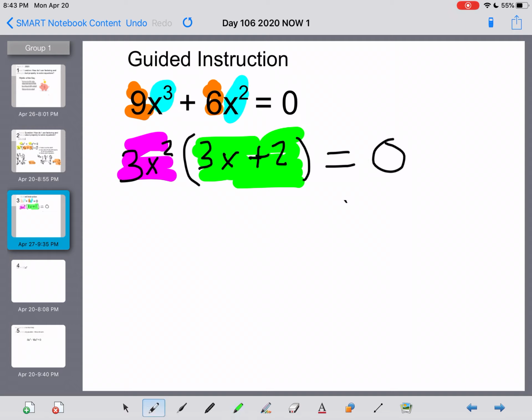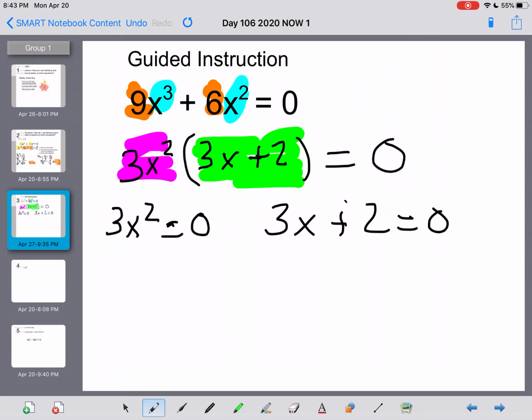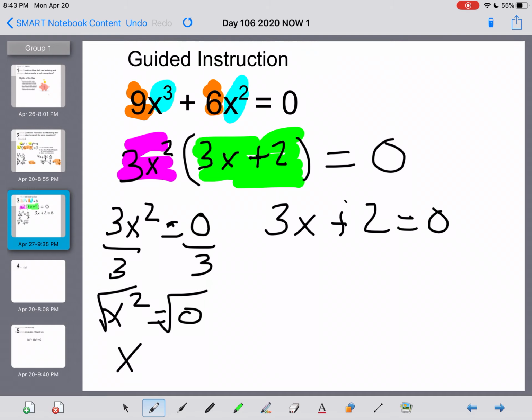So I'm going to write it out. 3x squared equals 0, or 3x plus 2 equals 0. Now I'm just going to solve these equations. x squared equals 0. So just like before, when we get to this point, we take the square root, x is 0.